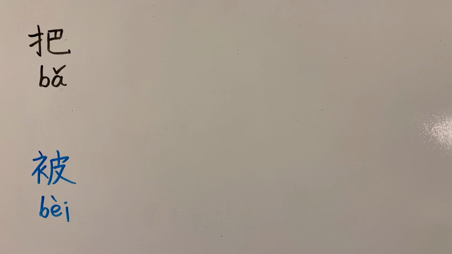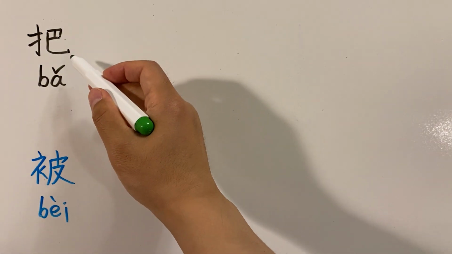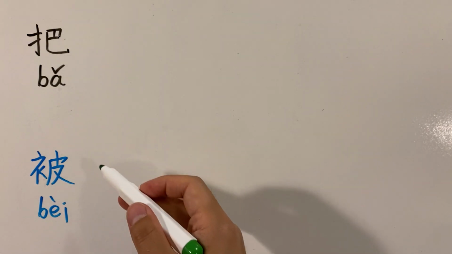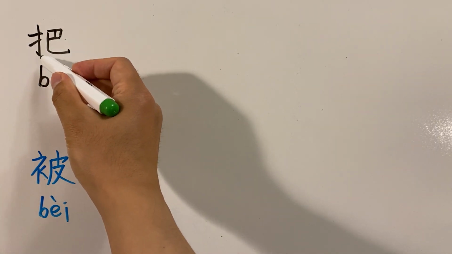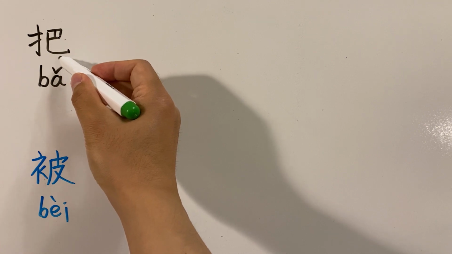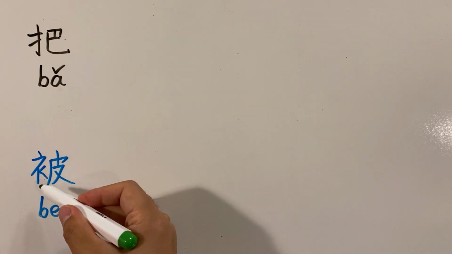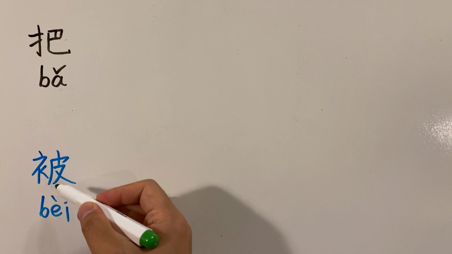The first one is 把 and the second one is 被. As we can see, these two words have the same word structure, meaning a left part and a right part.